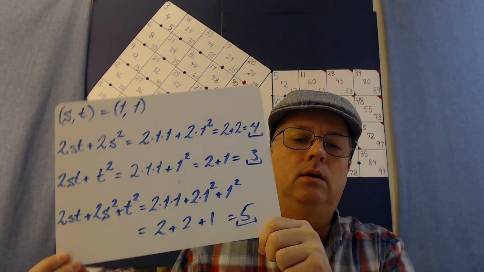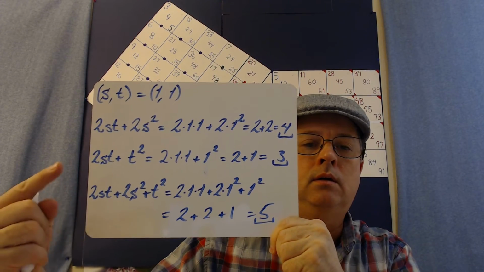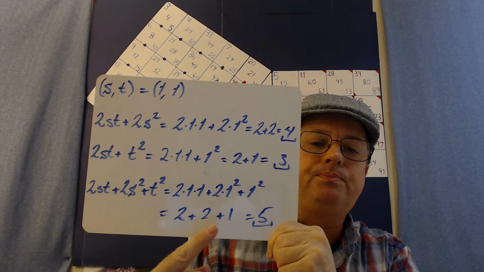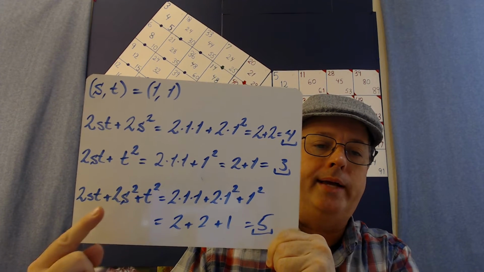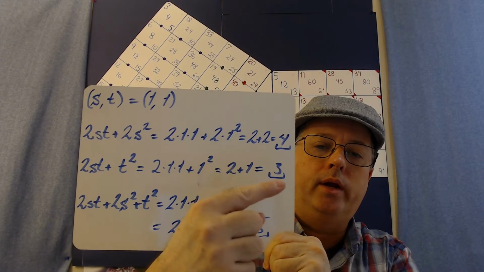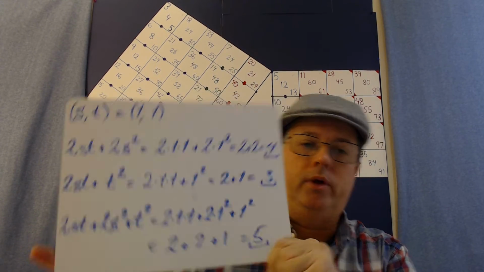And so that gives us 2 plus 2 plus 1, and that gives us 5. Okay. So you can see from this expansion here that when we plug in 1 for s and 1 for t, we're getting the 3, 4, 5 Pythagorean triple here. So let's say that here.